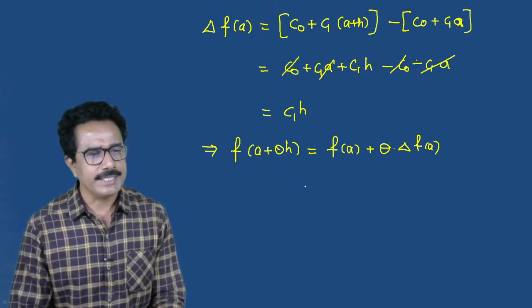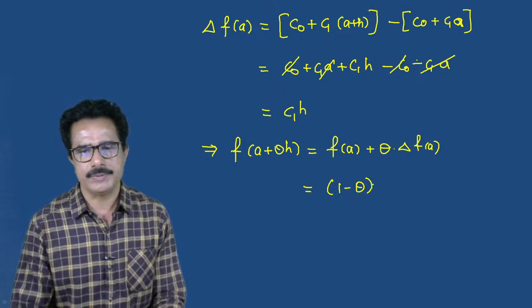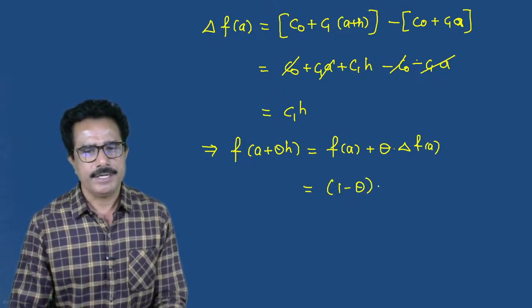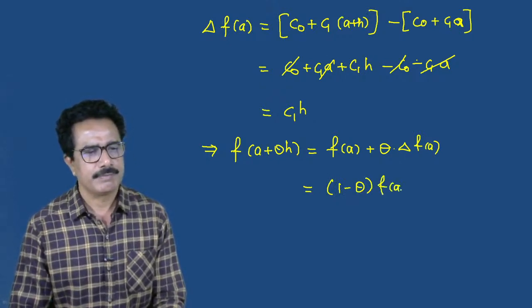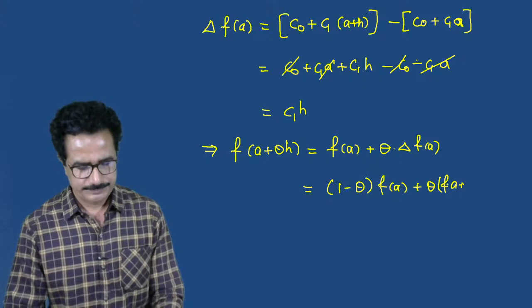So we can write this as 1 minus theta into f of a plus theta into f of a plus h.